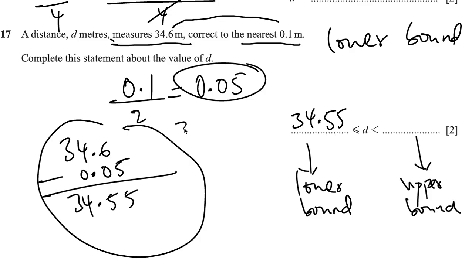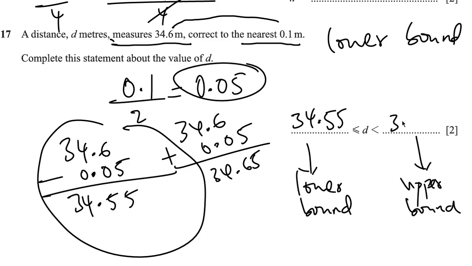So 34.6 plus 0.05 is going to be 34.65. And notice here that you could not see a less than or equal to sign. Now let me explain. If 34.55 is less than or equal to D, that implies that D is greater than or equal to 34.55.